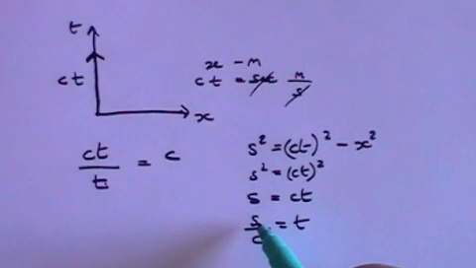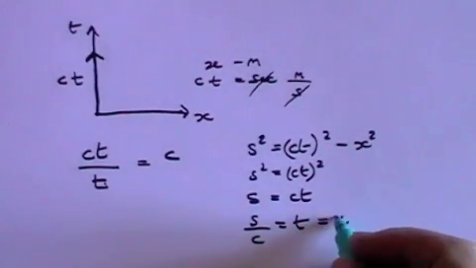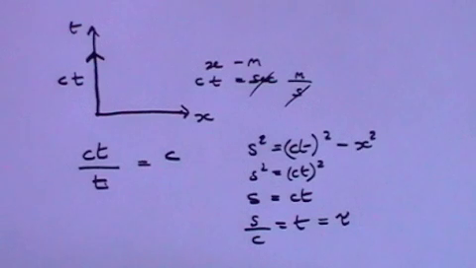S is a universal constant. We've already shown that. C is the speed of light. That's a universal constant. So s divided by c is t. And t has a special name. It is called the proper time. It is the time which everyone will agree on.